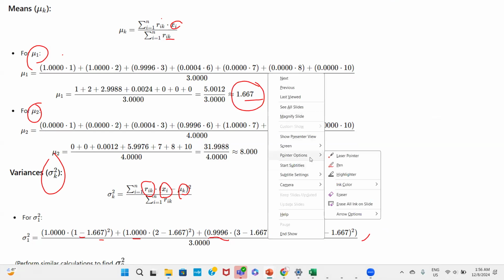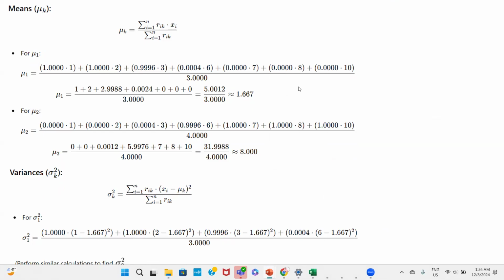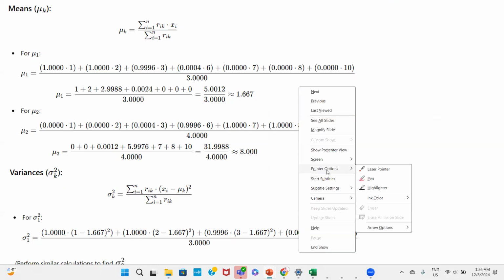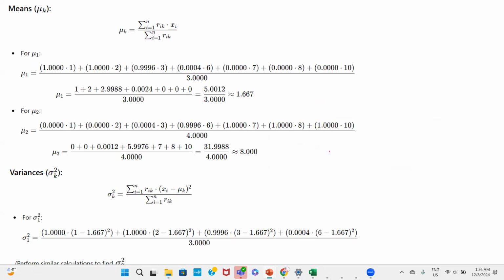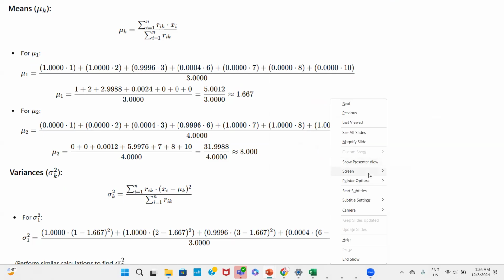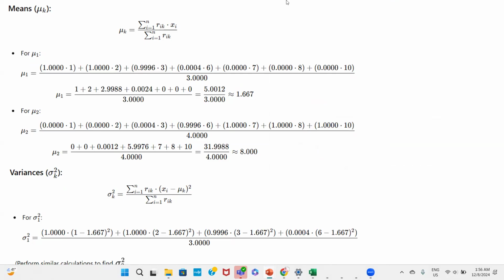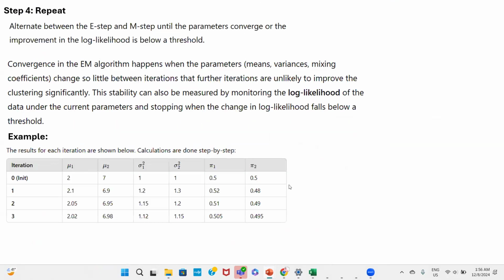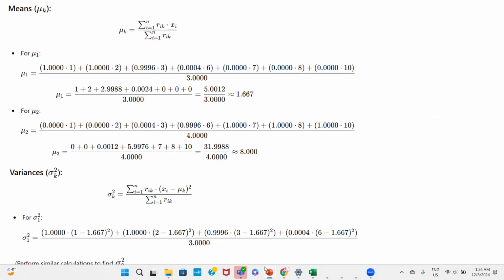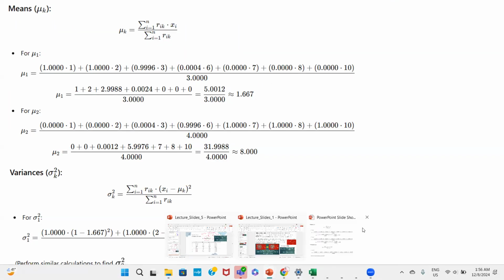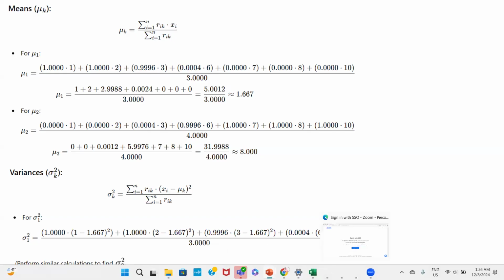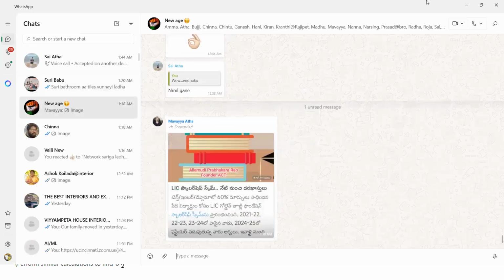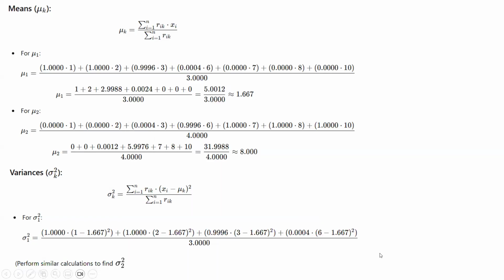Now we calculated all the updated values.